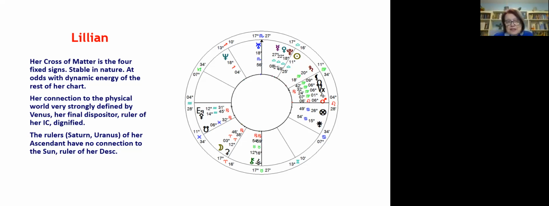So her connection to the physical world is very strongly defined by Venus, her final dispositor, ruler of her IC and dignified. And also, if you like to play with fixed stars, it's conjunct Spica, which is the most fortunate fixed star. The rulers of her ascendant, Saturn and Uranus, have no connection to the Sun, the ruler of her descendant.